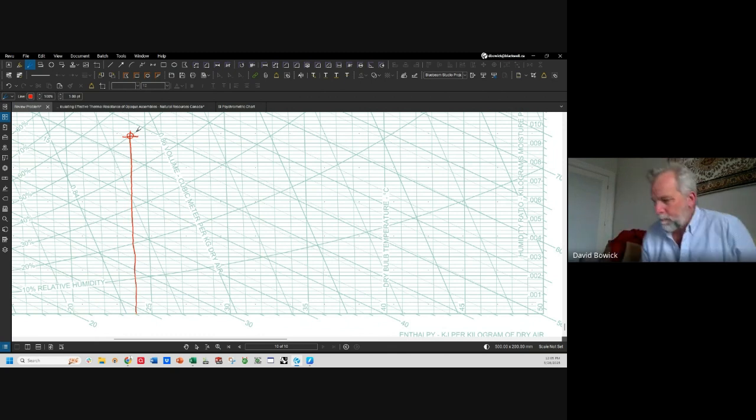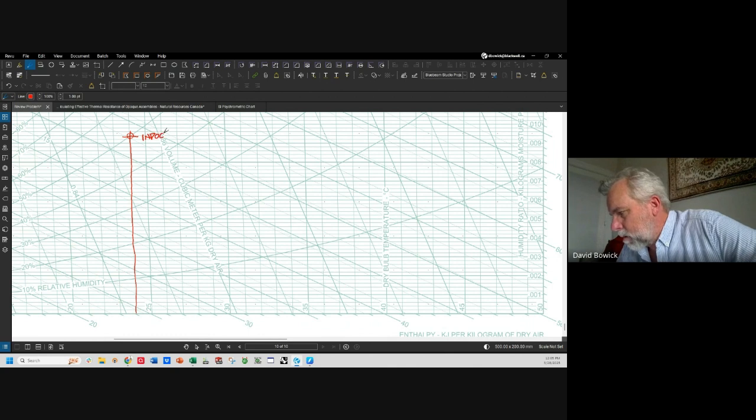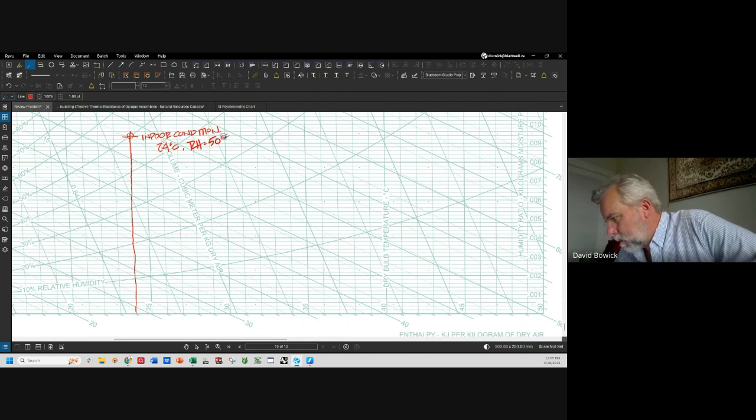That's our indoor condition: 24 degrees Celsius, RH equals 50%.